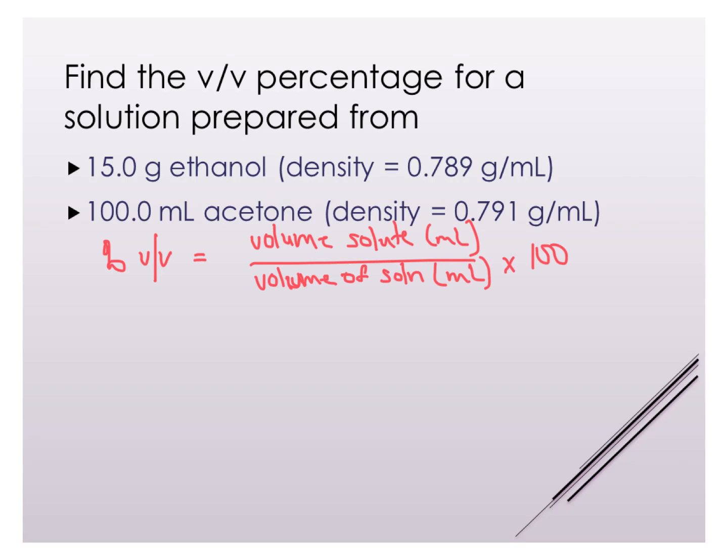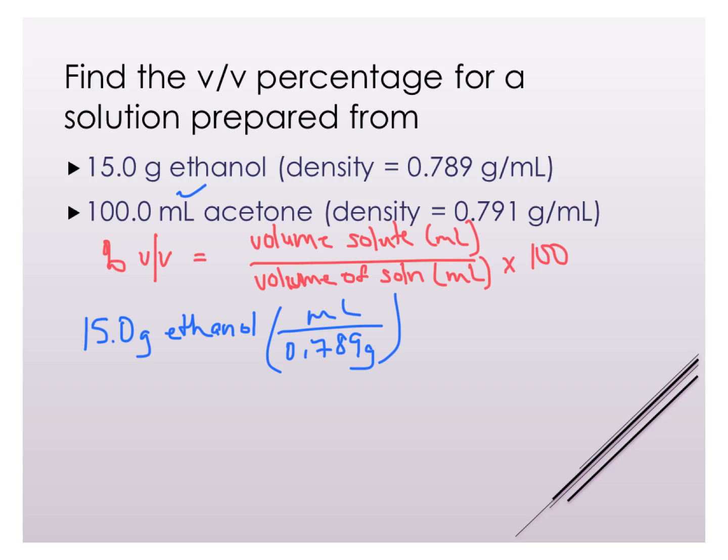So what I want to look at is I want to get all of my values in terms of milliliters. If I look back at the original information given in the problem, I see I have my solvent in milliliters, so I just need to get the solute into milliliters. And I can do that again using the density. So I have 15 grams of ethanol, and I can use the density of 0.789 grams per milliliter.